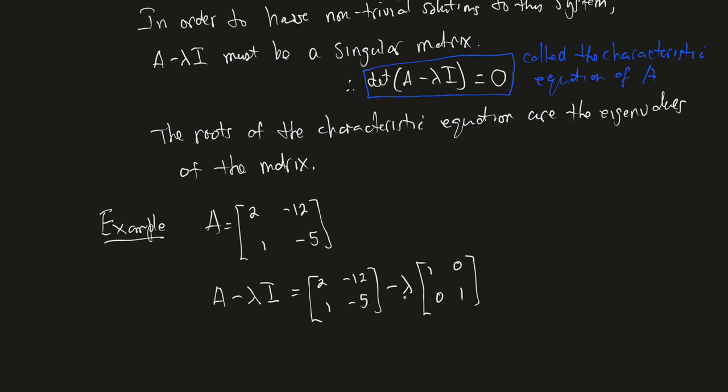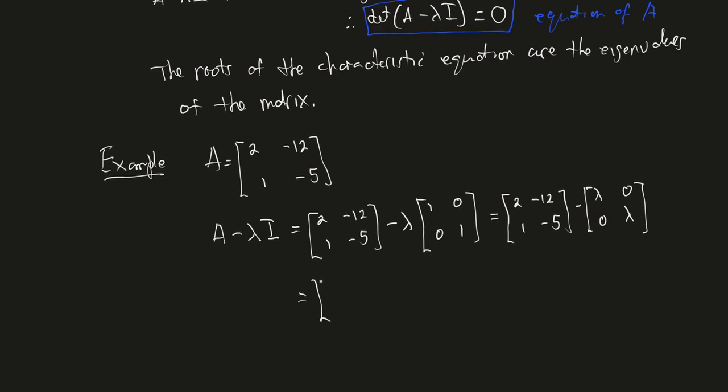We have to multiply the identity matrix by lambda, and then subtract the corresponding entries. Because of how the identity matrix is set up, when I distribute the lambda, I'm just going to have lambdas on the main diagonal, and zeros everywhere else. So it's going to look like this: lambda, 0, 0, lambda. And now we can take the difference.